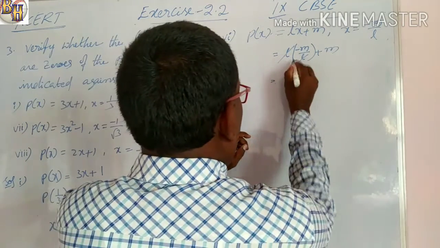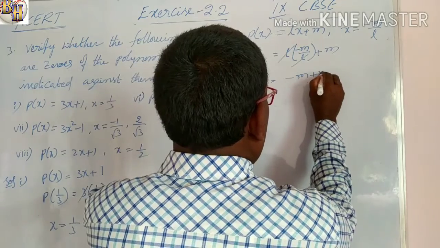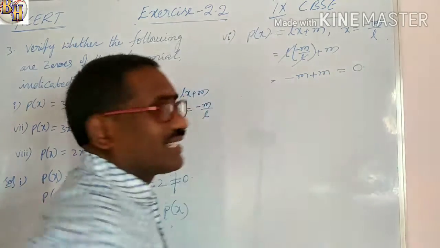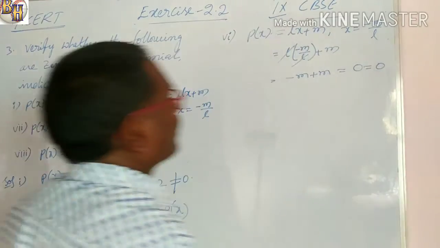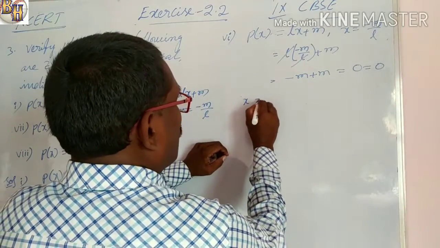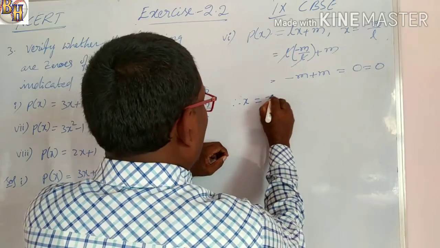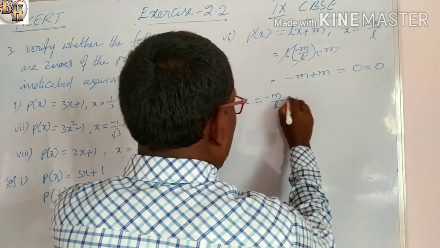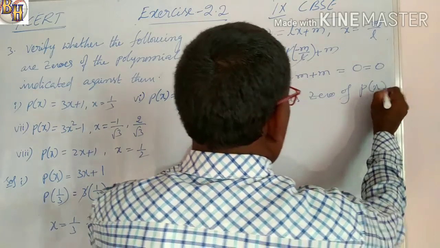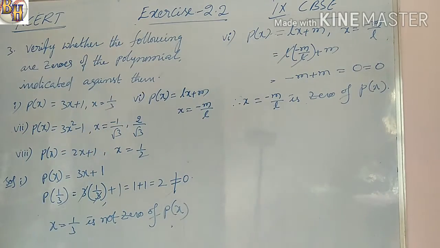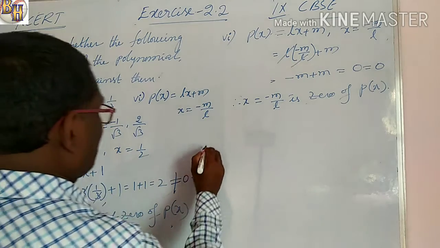Here what is left here? Minus m. Minus m plus m is equal to 0. Yes, you got 0. Therefore, x is equal to minus m by L is a zero of P of x. That's all. Next, seventh problem.